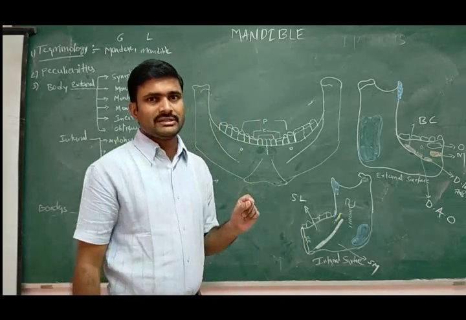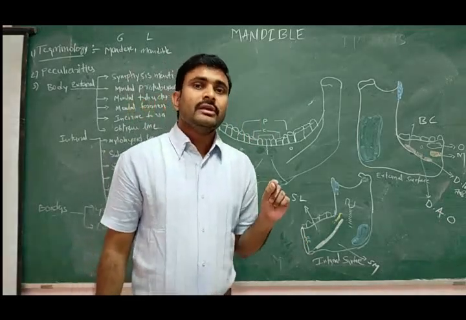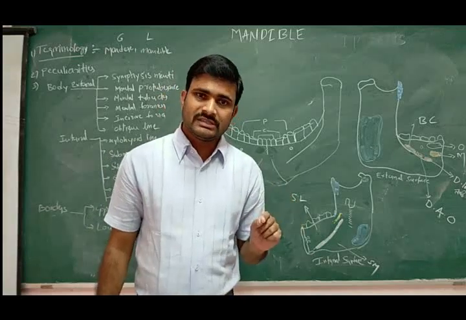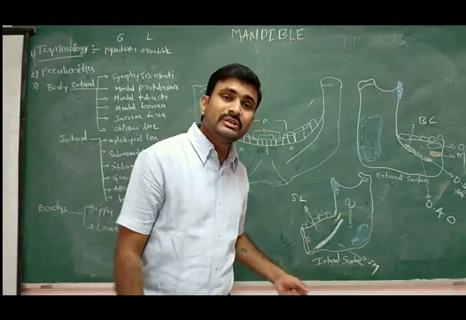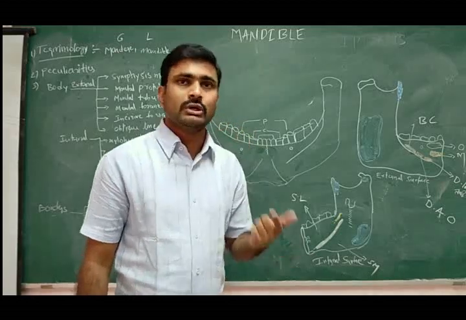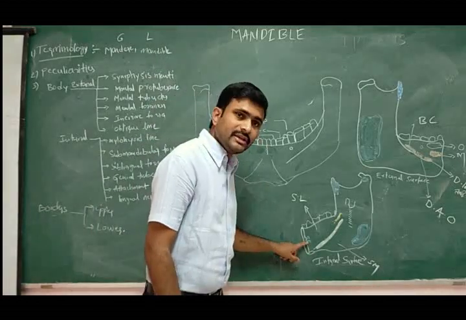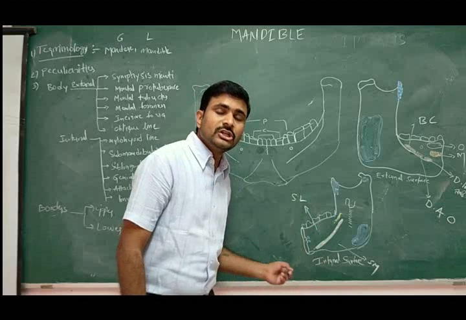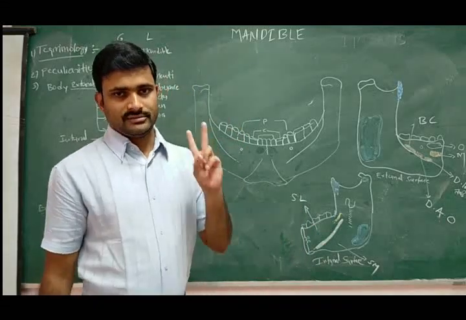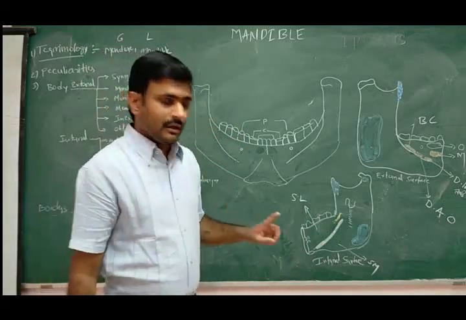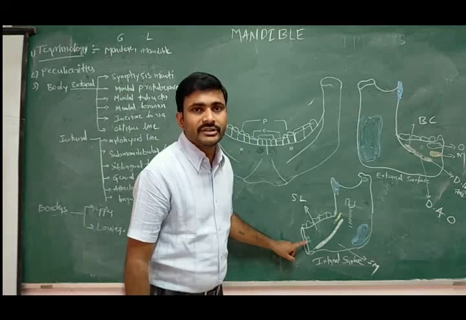Above one is attached to one muscle, that muscle is called genioglossus. Genio means from here, glossus means the tongue. Genioglossus. The second one is attached from here to the hyoid bone, the geniohyoid muscle. So this is about the genial tubercles.